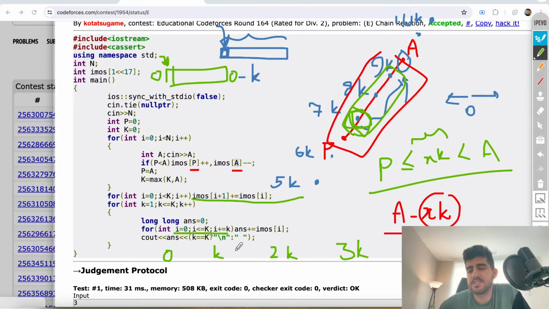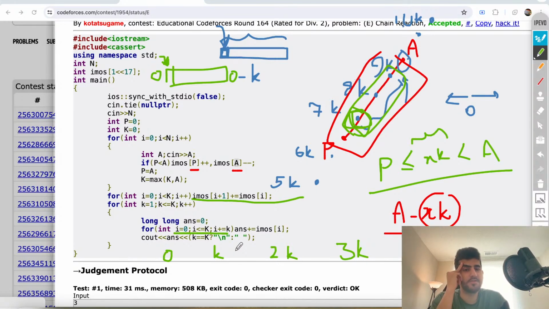Do you have any questions about this problem? So that's all about this problem. If you have any question about this problem, you might ask.